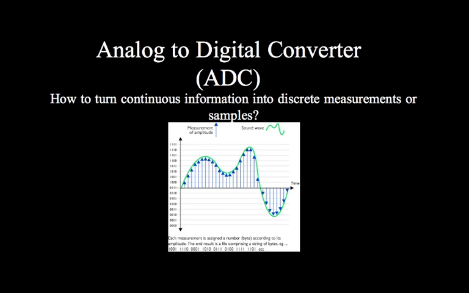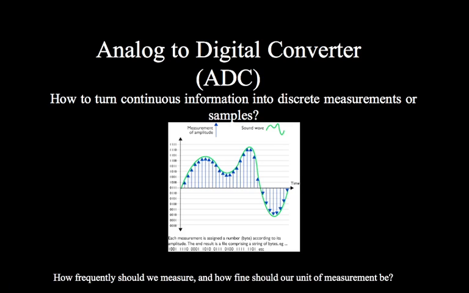This can be confusing because we also talk about samples in hip-hop terminology, where you take a snippet of some pre-existing piece of music and put it into your own music as part of a beat or whatever. That is also a sample. They both are correct uses of the term. But when we're talking about digital audio, what we mean is one measurement of the analog audio signal at a particular moment in time. Okay, so how do we turn continuous information into discrete measurements or samples?